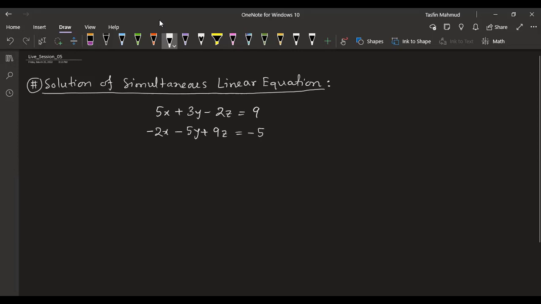And the third equation is x minus 2y plus 5z equals minus 6. So we have three equations and we are assuming that these three equations are linearly independent. From these three equations, we can solve the values of x, y, and z.